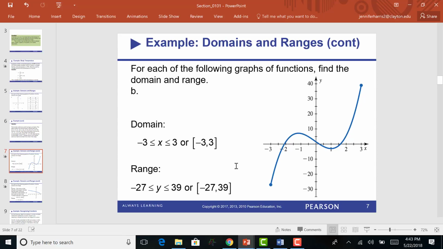So we included the -3 and 3. How would I write it over here for this one? And what about here? One bracket on the left and parentheses on the right. We're good?